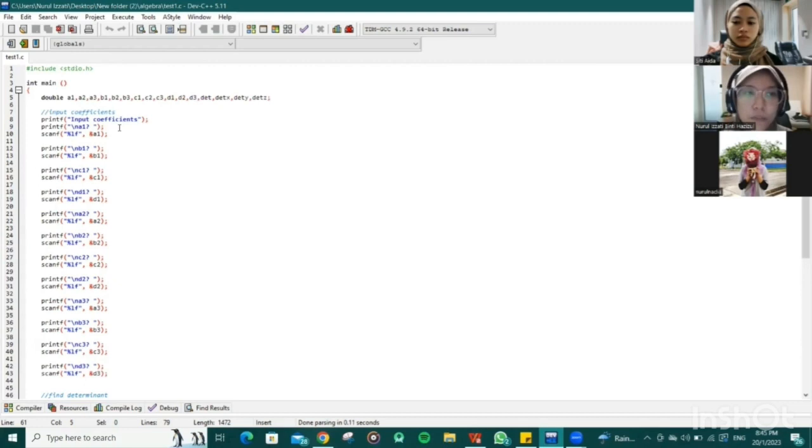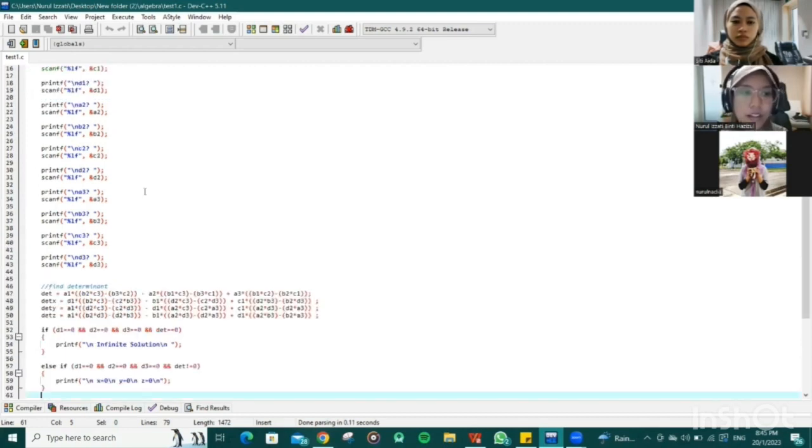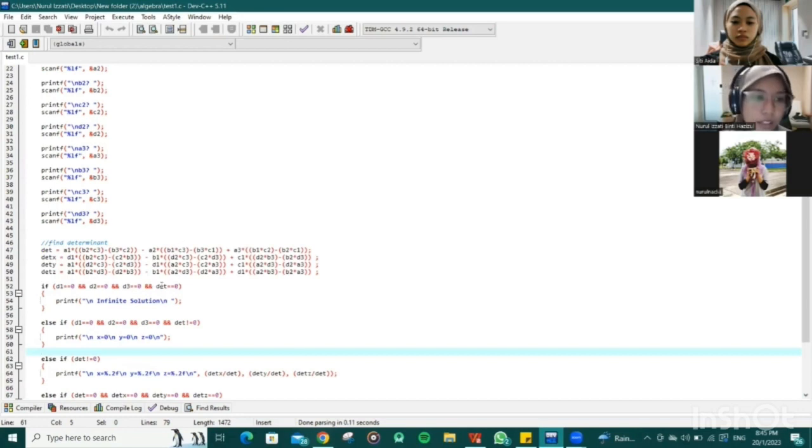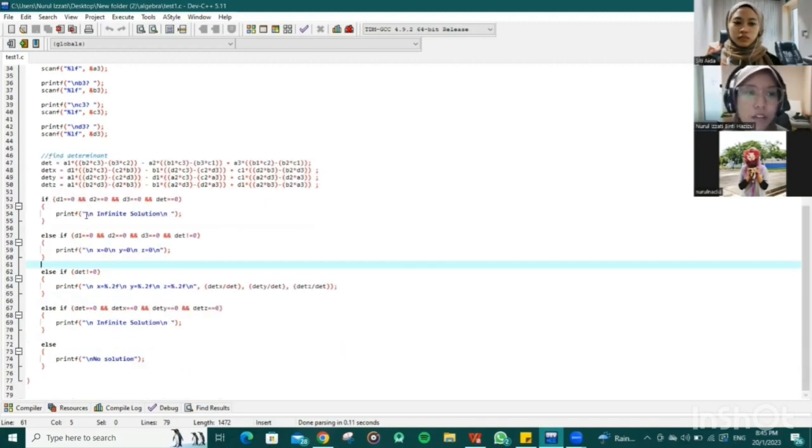This part is for the input of the coefficients, so the user needs to provide the input. After that, it calculates the determinants for x, y, and z. Next, we have an if-else statement which displays the output depending on the calculation.